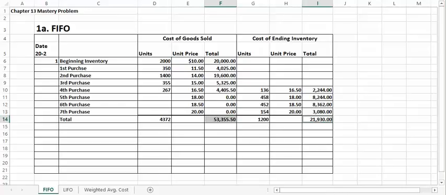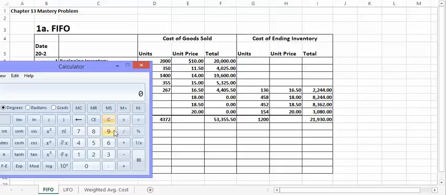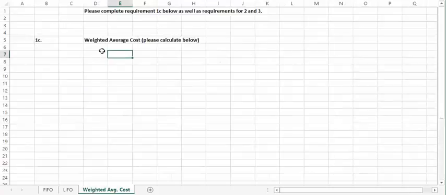So if we take the 53,355 and 50 cents and add the 21,930, that's going to give us $75,285.50.